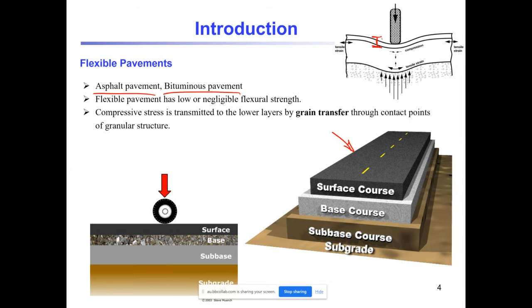In this type of pavement, compressive stress is transmitted to the lower layers by grain transfer, right? So we are dealing with a granular material, and by using granular grain transfer, we try to distribute the load in a wider area. And we place on a subgrade, you already know that.